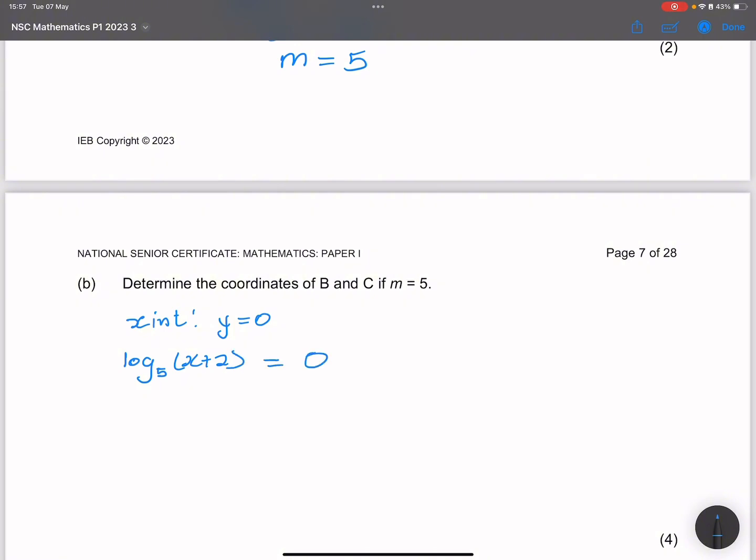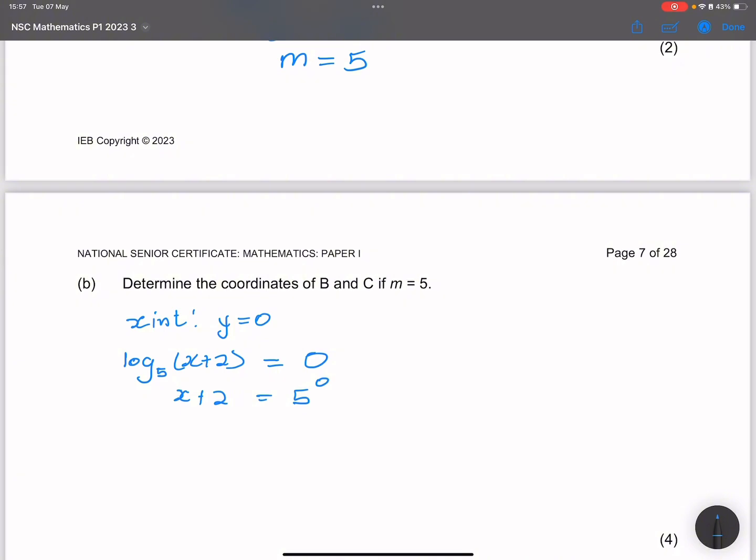Now let's try and solve for that. That would mean that x plus 2 is equal to, that's the base and that's the exponent, so x plus 2 is equal to 5 exponent 0. Remember, anything to the exponent of 0, to the power 0, in this case, will be equal to 1.